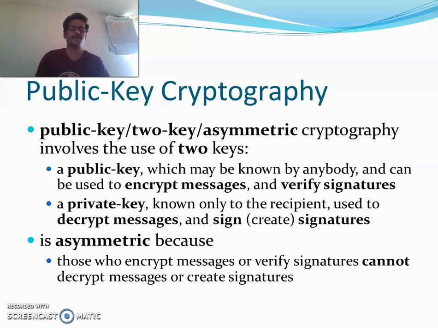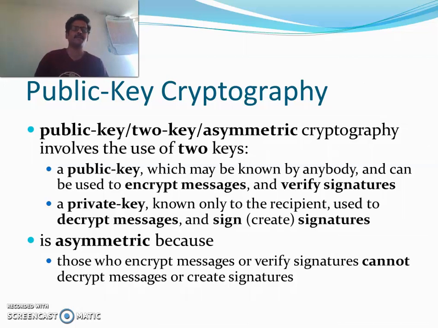What is public key cryptography? Public key cryptography is otherwise known as asymmetric cryptography or two keys cryptography. As the name implies, it uses two keys. One key is a public key, the other key is called a private key. A public key may be known to everyone, and they can encrypt or verify the signatures.